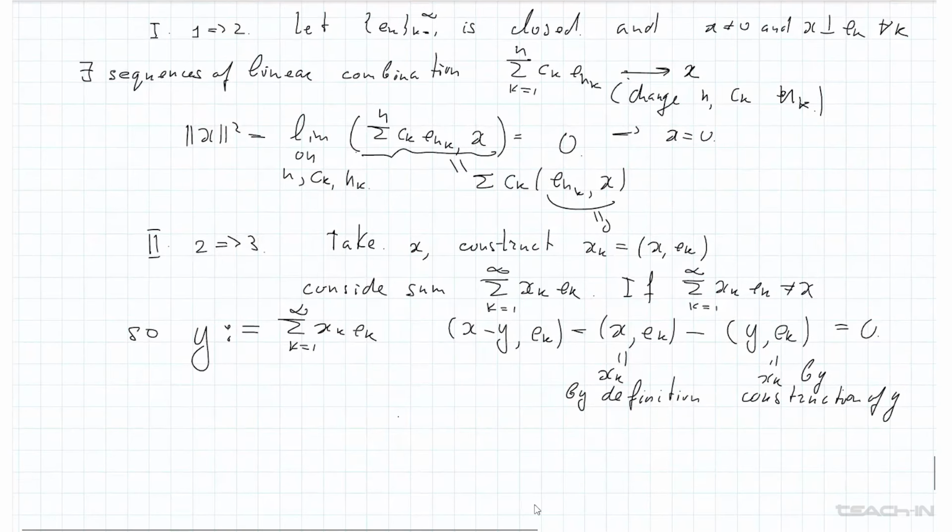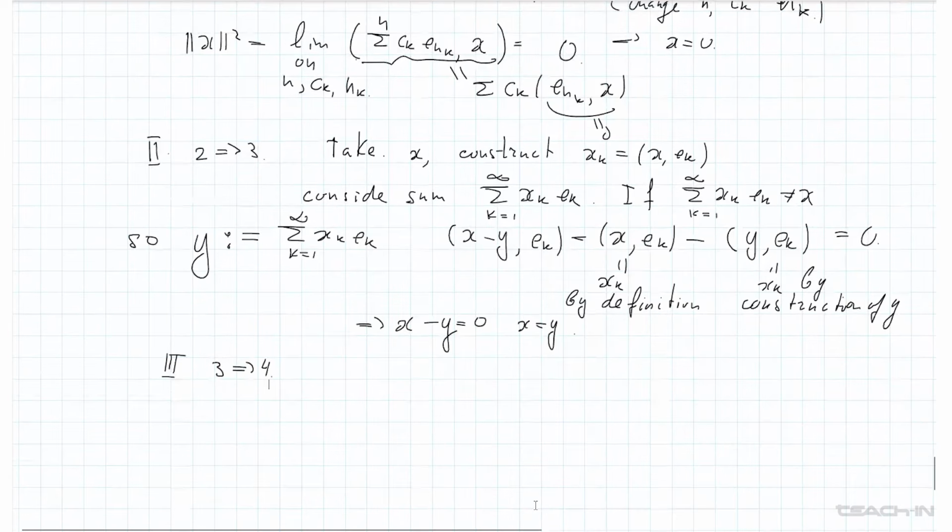So by completeness of the system, it is 0. So x equals y. So this step is done. I take a pair of minutes and finish the proof of this theorem.